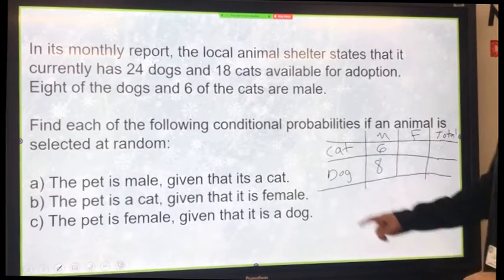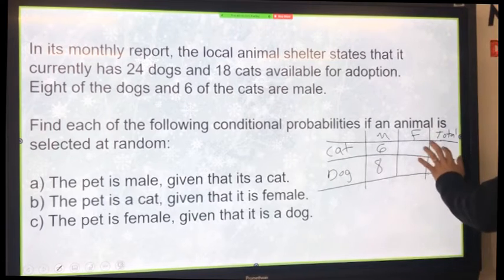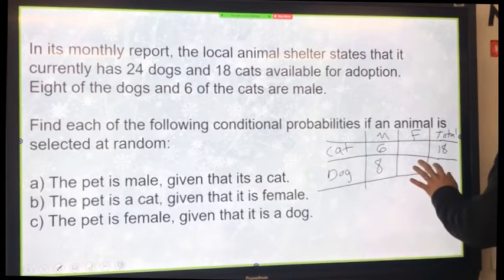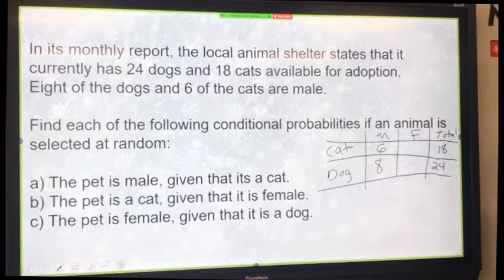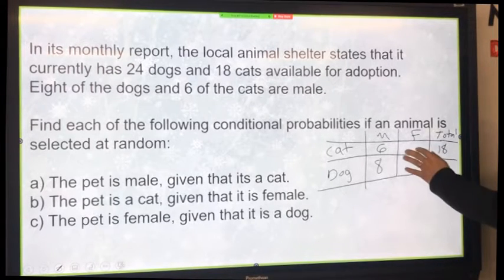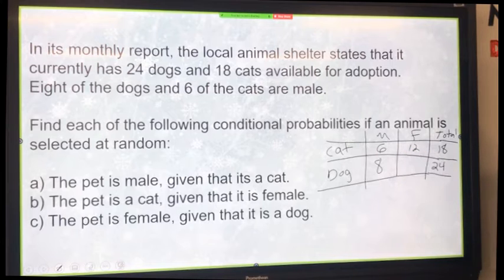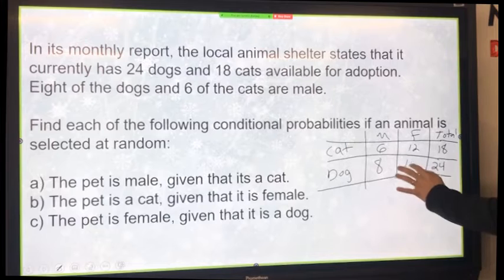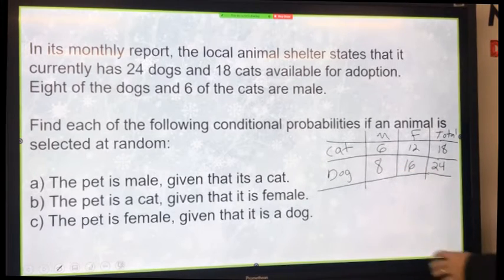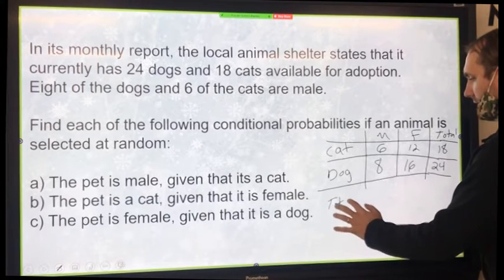I know I have a total of 18 cats and a total of 24 dogs. Now, how many female cats do I have? 12. How many female dogs do I have? 16. Let's also do totals here.